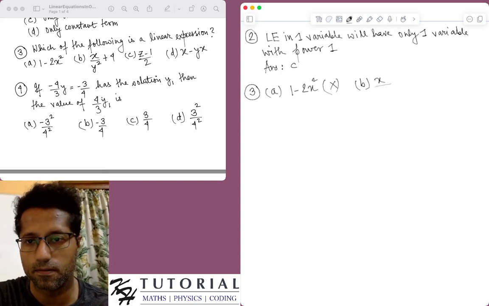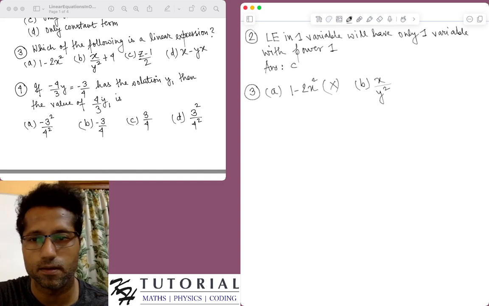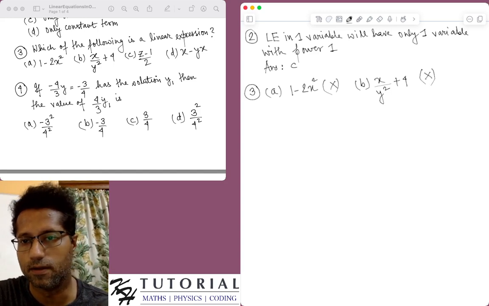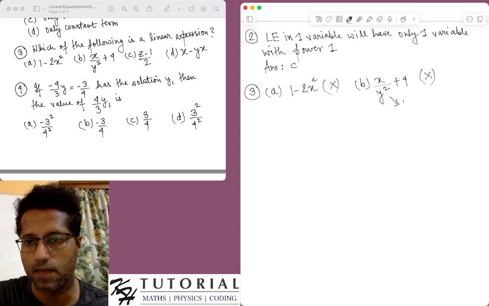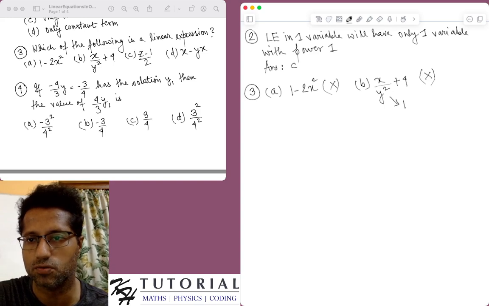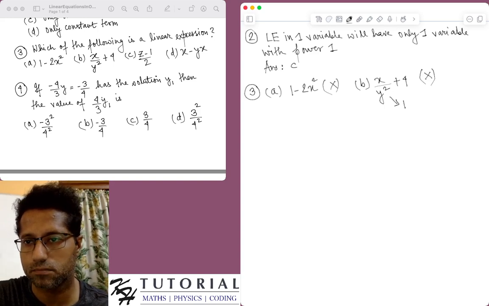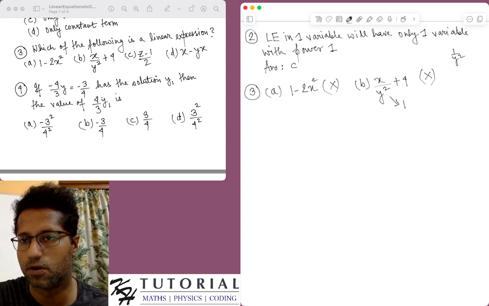x by y square plus 4 is also not a linear expression, because the power of x is 1 and the power of y is minus 2, since 1 by y square is nothing but the reciprocal of y square.